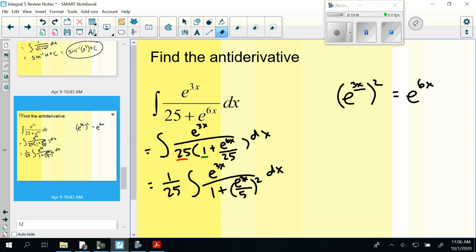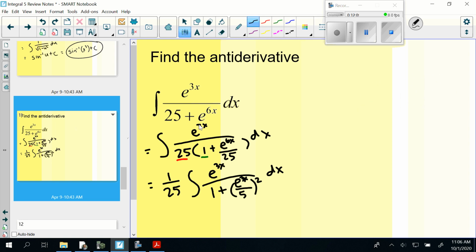So now that we know what's being squared there, that would become our substitution. We want to substitute u equals e to the 3x over 5. Finding our derivative, now, whoop, sorry, this should be du. This would be doing a derivative with chain rule.